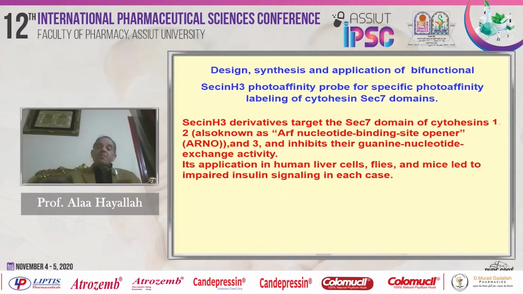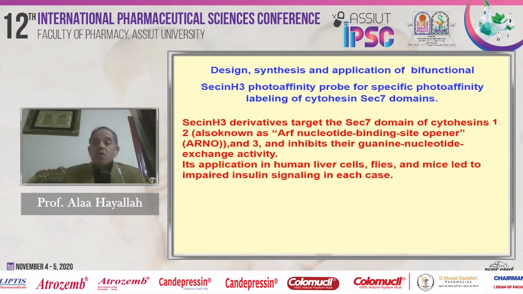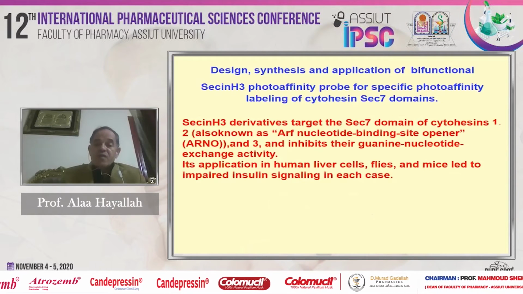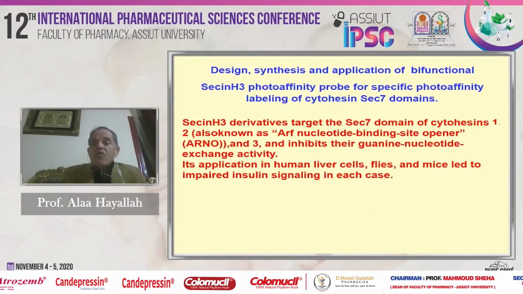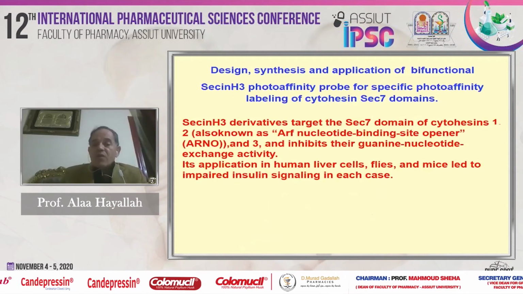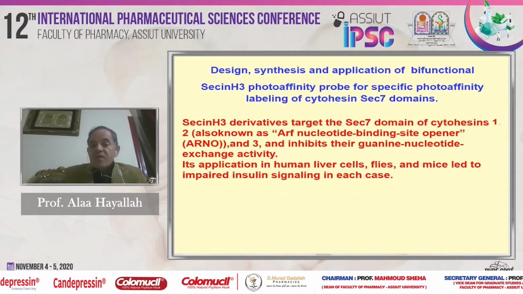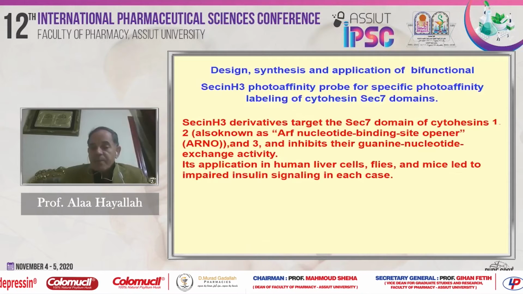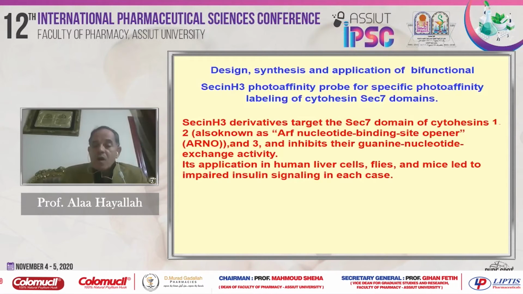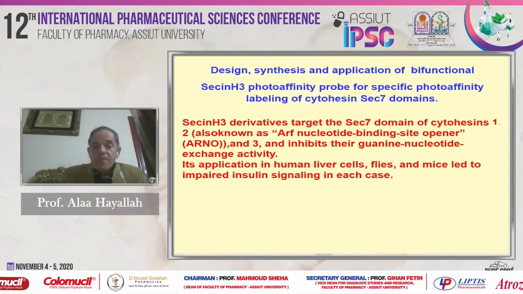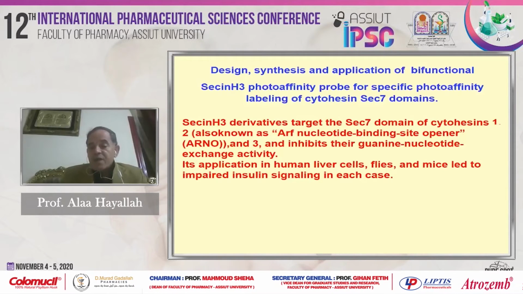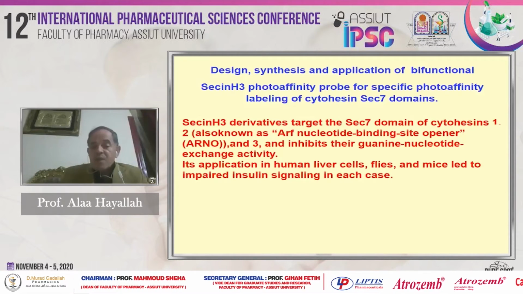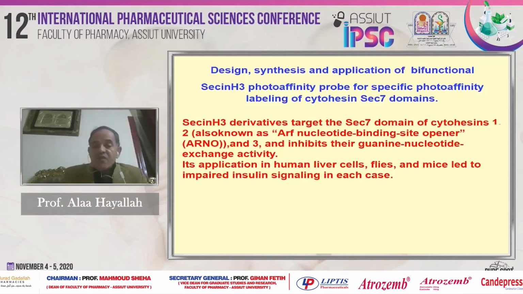From these derivatives, we applied the biological results of the new CSNH3 derivatives in the design, synthesis and application of a bifunctional CSNH3 photoaffinity probe for specific photoaffinity labeling of the cytohesin Sec7 domain. CSNH3 derivatives target the Sec7 domain of cytohesin, also known as ARNO, and cytohesin 3, and inhibit their guanine nucleotide exchange activity.